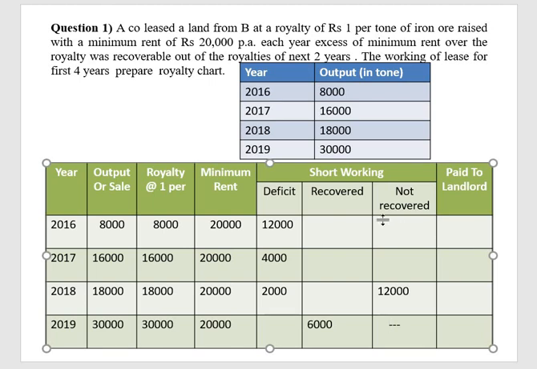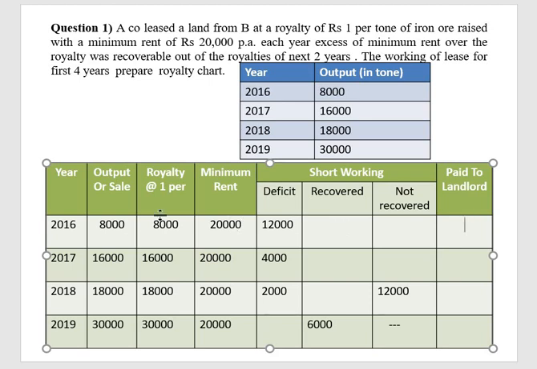Amount payable to landlord. What is the amount payable to the landlord? Actually you have to pay royalty to the landlord, but if royalty is less than minimum rent, the minimum rent will be payable to the landlord.